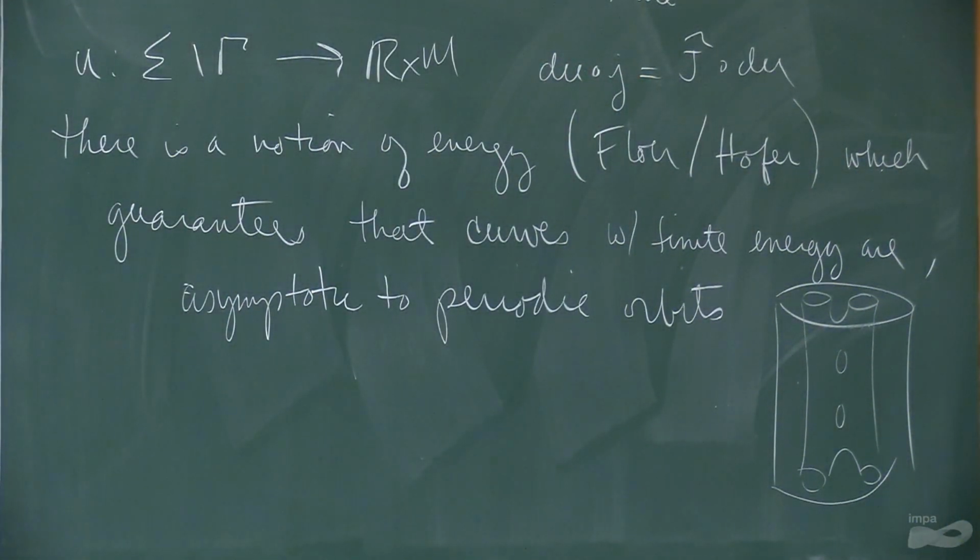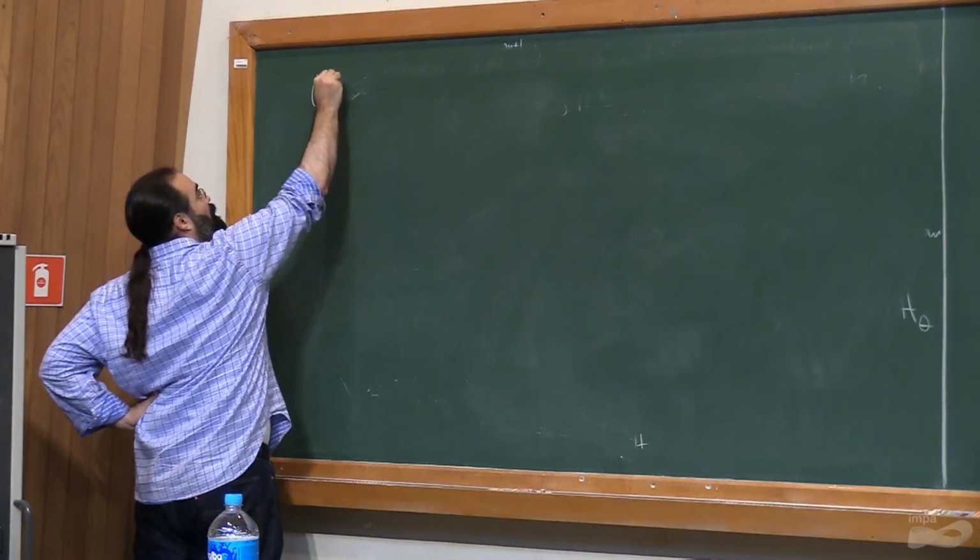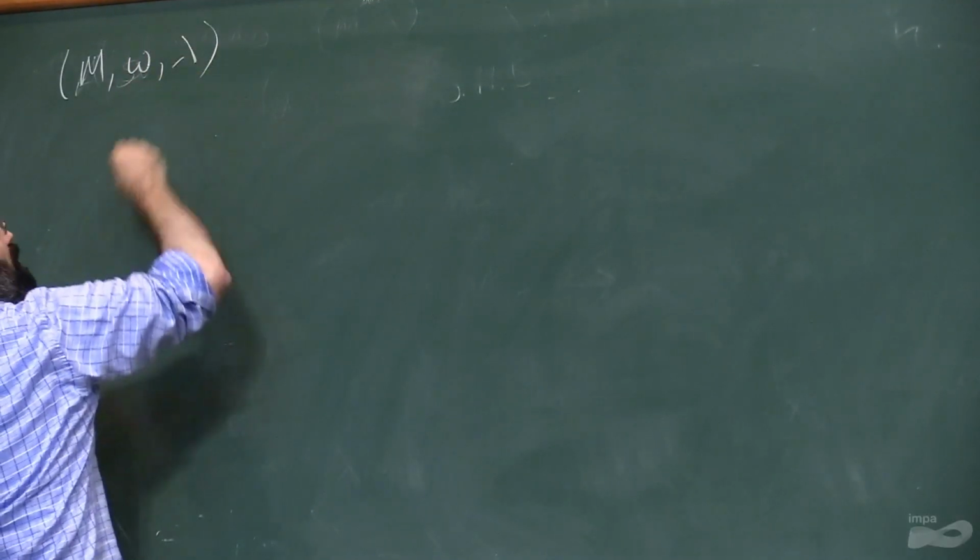Okay, so now let me introduce the notion of a strong, stable Hamiltonian submanifold. So these are the things I want to intersect with my curve. So I'm still dealing with M with a stable Hamiltonian structure.